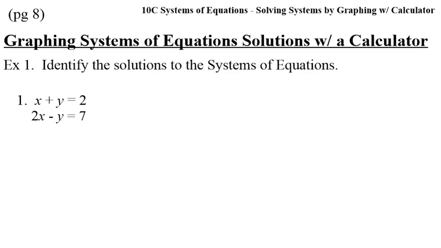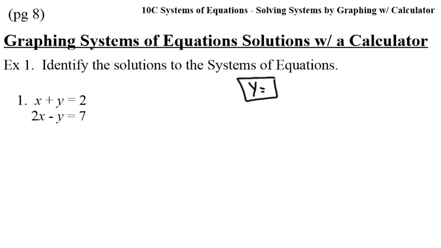So, here's our first question. x plus y equals 2, 2x minus y equals 7. We want to figure out what x and y can be. Now remember, in order to do this with the calculator, the first thing is we want to go into the y equals button because that takes us into the equations.